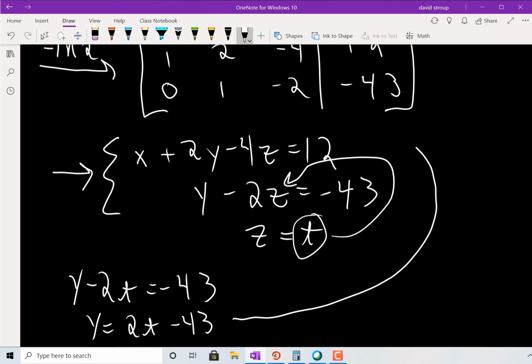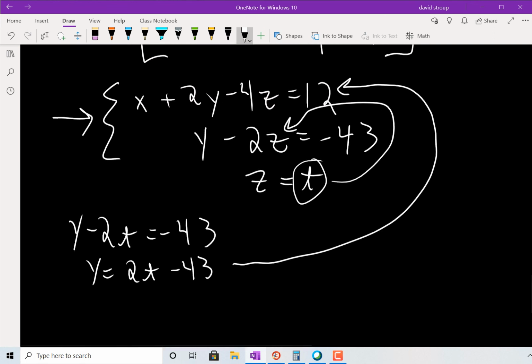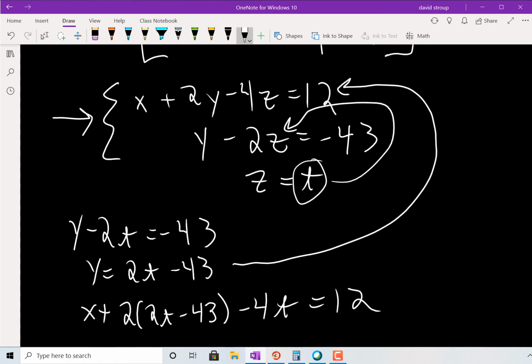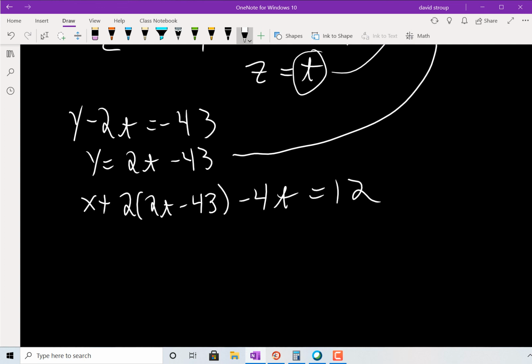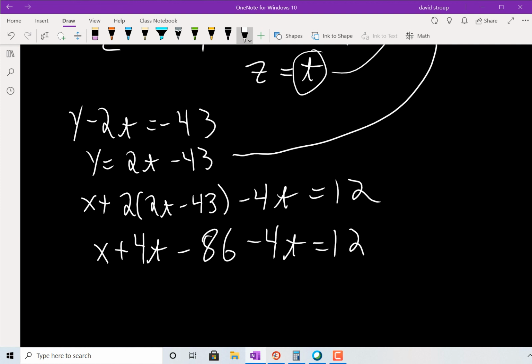Then you take that expression and plug it back in there, and solve for x. So we have x plus 2 times (2t minus 43) minus 4z, which is t, equals 12. And of course we'll get x plus 4t minus 86 minus 4t equals 12.